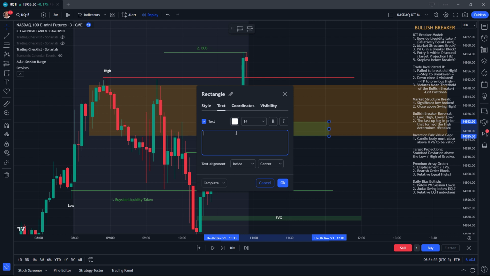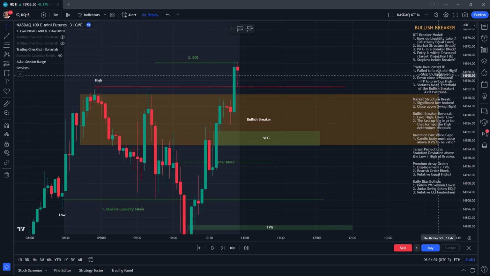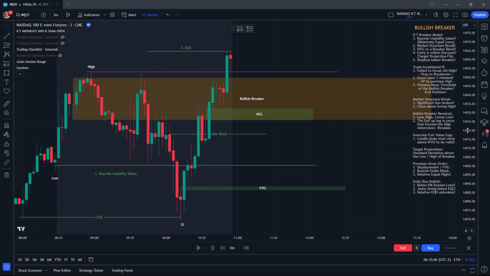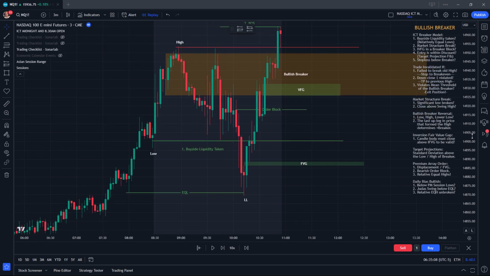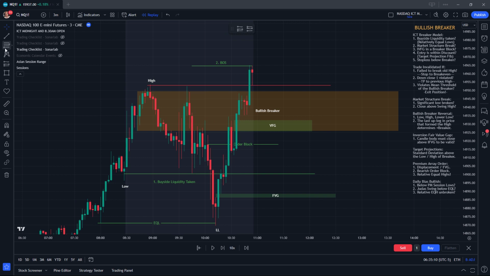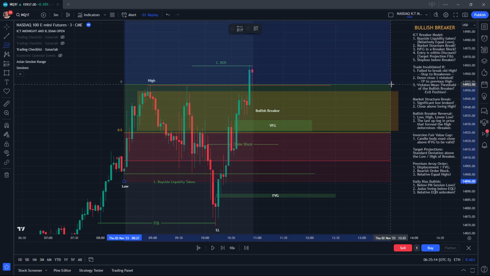So let's mark this up: fair value gap within a breaker block, entries within a discount. To find the discount, we now need to do a projection from the low to the high.